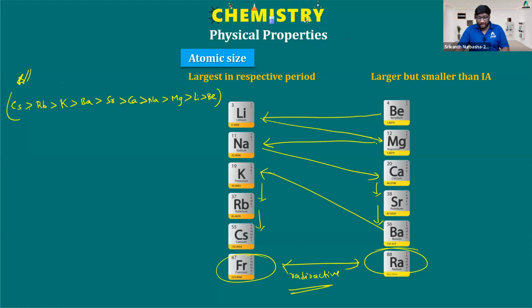This is a combined effect: from top to bottom, atomic size increases, and from left to right, increased effective nuclear charge decreases the size. Combining these two effects, we are comparing between 1A and 2A.